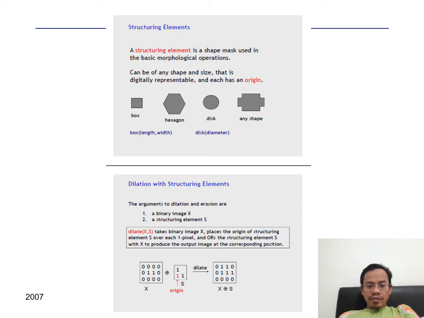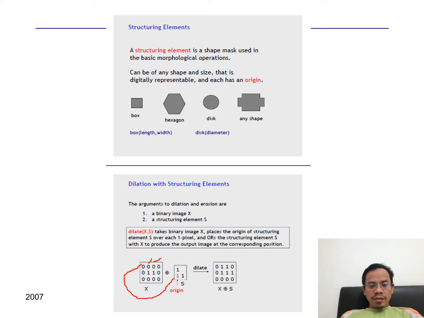How does it expand? If you see it here carefully, this origin here, origin 1. So this is the origin. This is the starting point of the masking to this image. This is the one, start here and follow to here, follow next. If this one meets 0, do nothing.